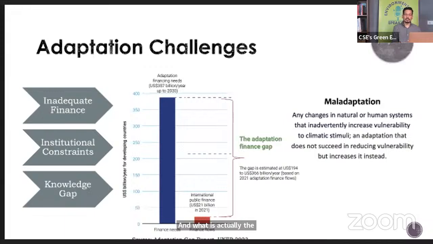There's a significant gap in the mobilization of funds, but there is also the need to understand what sort of adaptation measures are needed, and how do we solve the issue of institutional constraints? How do we deal with risks of maladaptation that actually increases the problem rather than solving it?